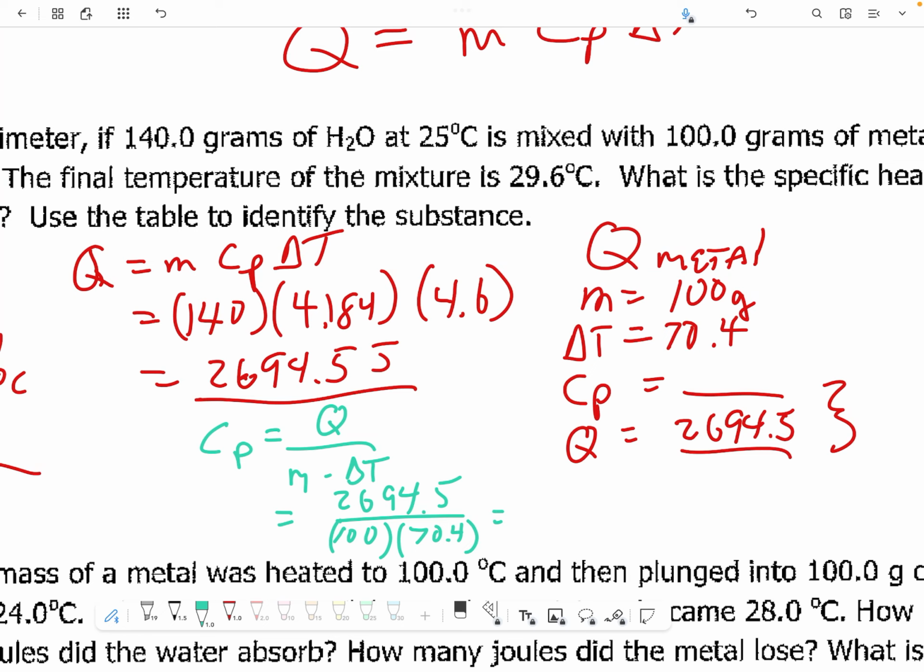When you solve all of that, it comes out to be 0.3, well, no, let me do that again because I changed my numbers. 2694.5 divided by 7,040 equals 0.382 joules per gram degree C. That's the specific heat of copper when you look at your table. And there you go.